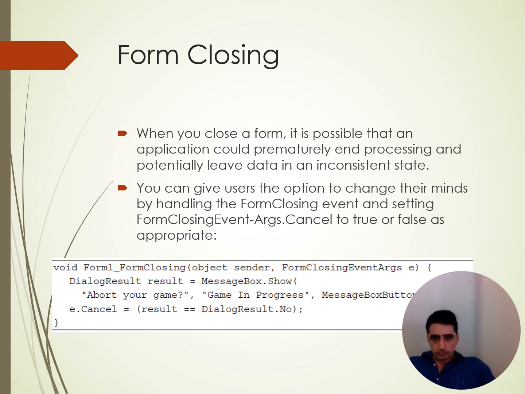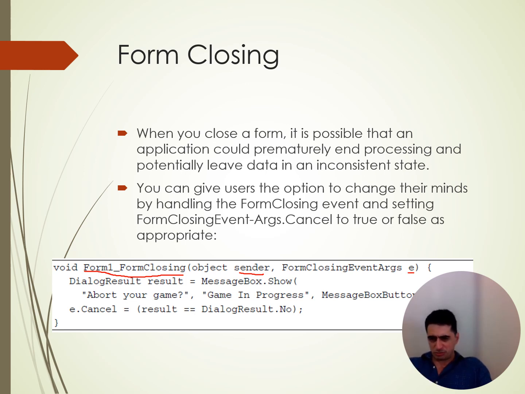So this is an example of a form closing event handler that we can write for any form. This event handler basically gets a sender just like any other event handler and an event arg like e.